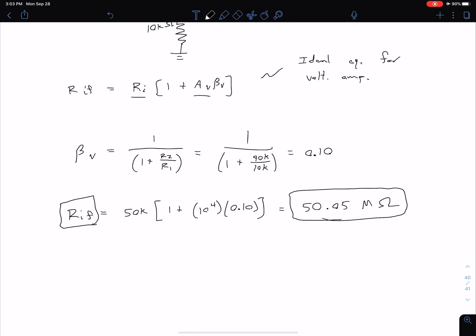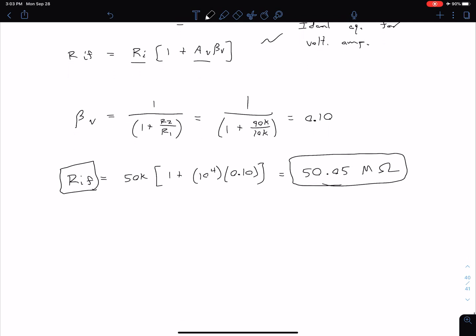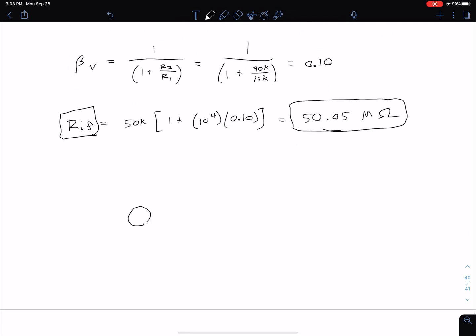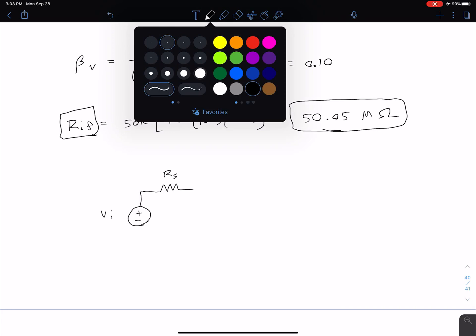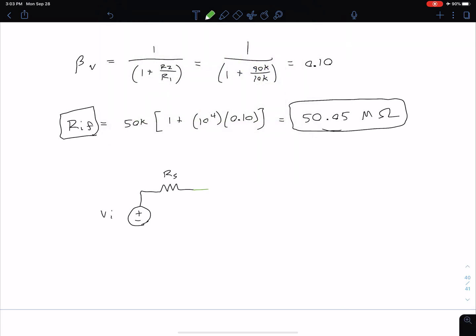And so keep in mind this is desirable for an input to a voltage amplifier, because if we have some input voltage that we're trying to amplify, Vi, oftentimes it's going to have some associated series resistance. And what we're doing then is connecting this to our amplifier. So if I represent our amplifier in green, our amplifier can be represented by some input resistance R sub IF.